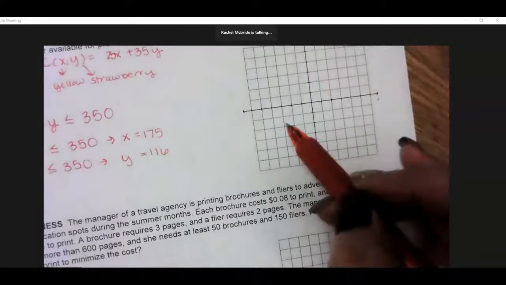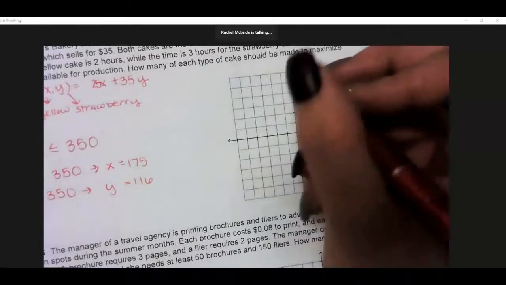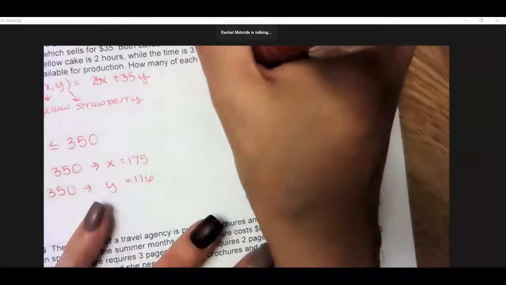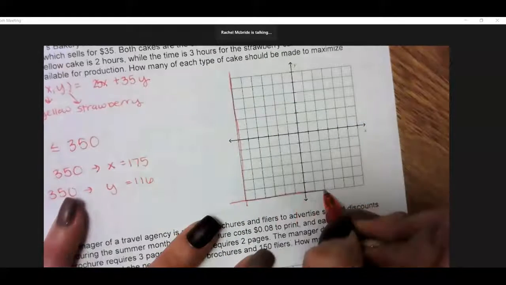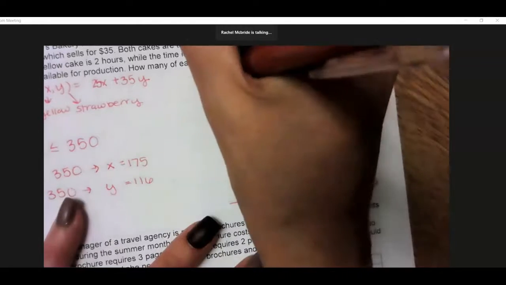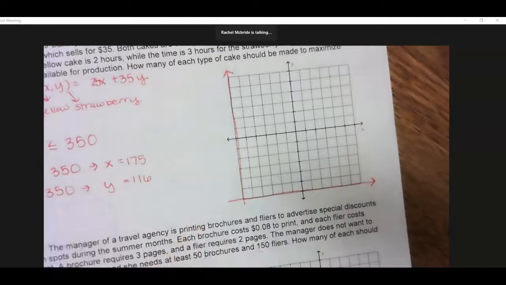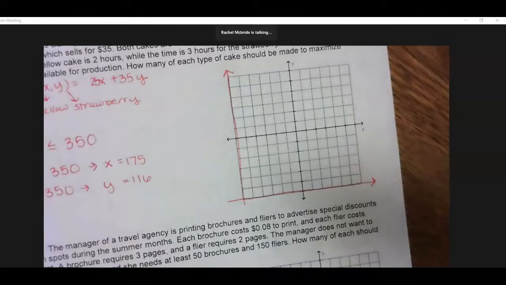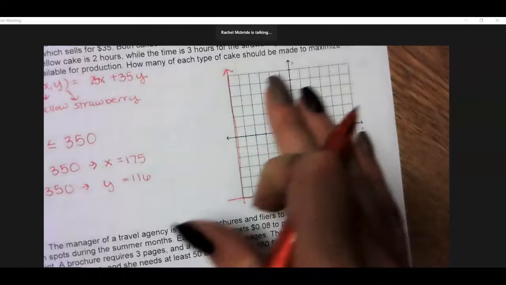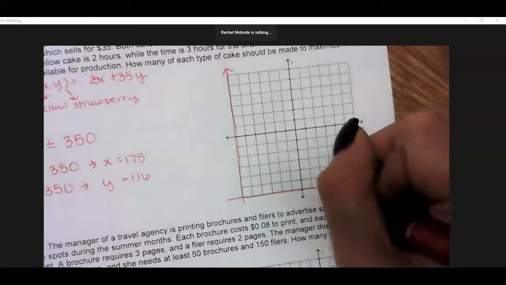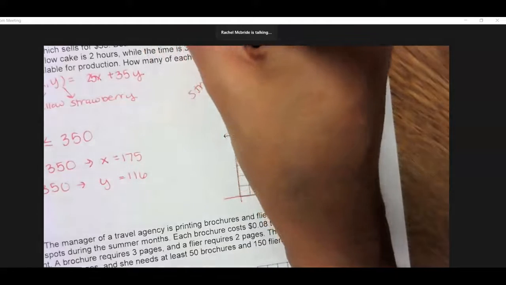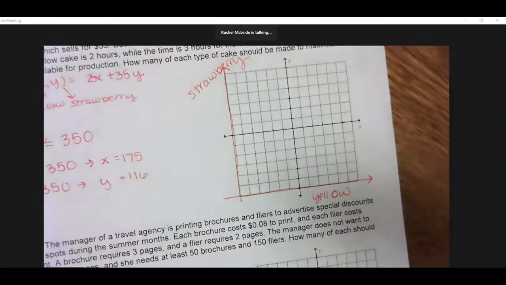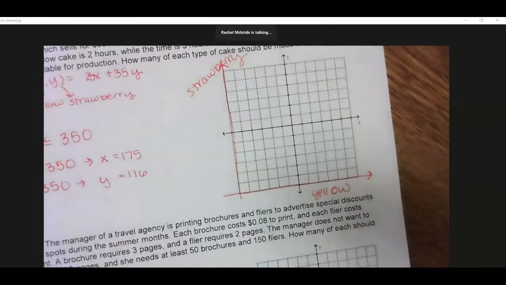So I copied and pasted all these. I would honestly ignore the x and y intercepts and redraw them so that my graph was in the corner. And for your homework tonight, I did adjust this. This one came from your book, such that I have my yellow over here, strawberry over there, and then we're going to maximize.